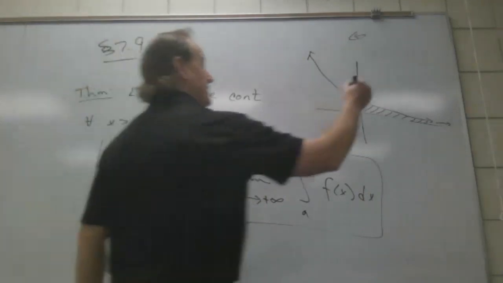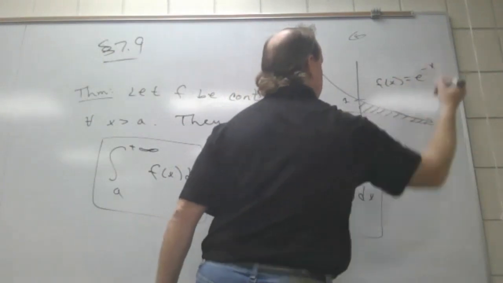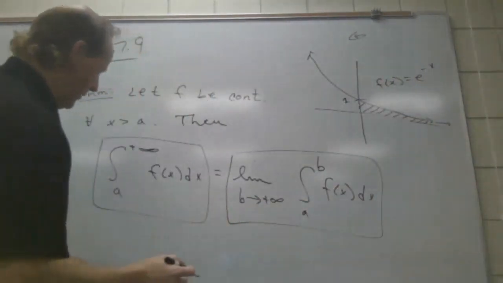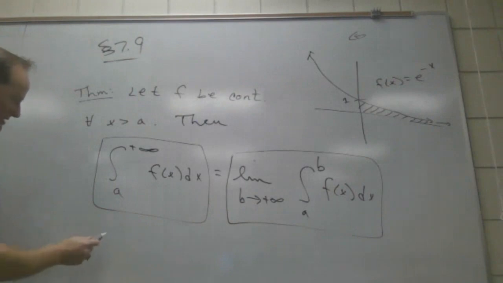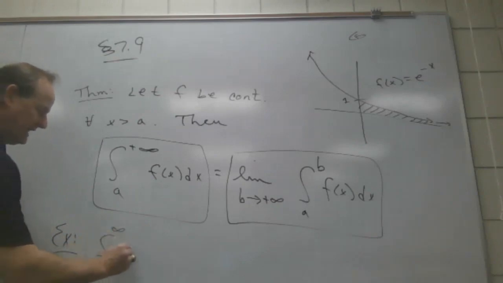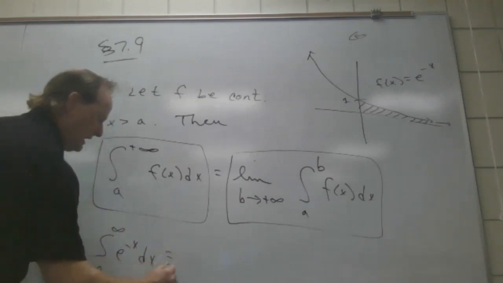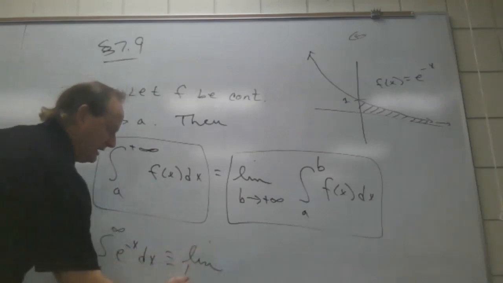So let's actually look at this. If I've got f of x equals e to the minus x, or 1 over e to the x, how would I do that then? For the example we have, if I want the definite integral from 0 to infinity of e to the minus x with respect to x, this is going to be equivalent to the limit.